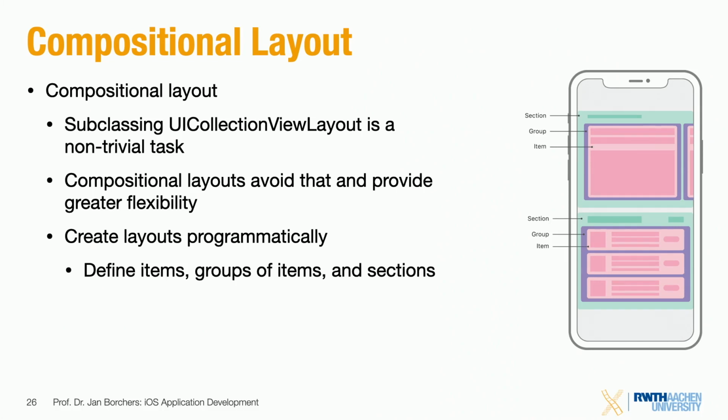So for a compositional layout, the structure that you have there is that you have items that are nested into groups that can be set up into sections. And you specify for each of those, first for the items, how do they look? So essentially your cells, what components are in there. And then for the groups, how do these items behave inside one group?